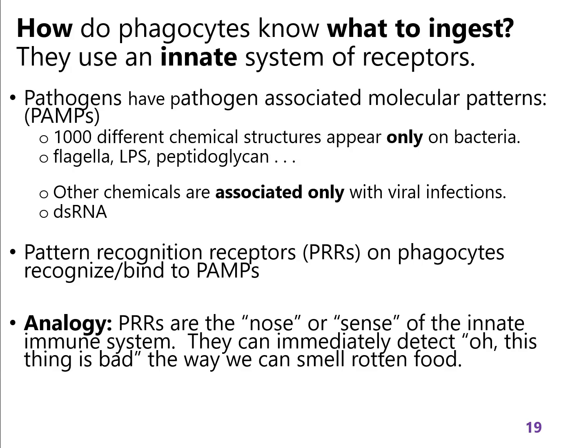Those things can tell us if something's bad. We can detect rotting food. We can detect a corpse and know that that is terrible and we should avoid it. Or we can detect something good and know it's food using those receptors in our noses. And that's what pattern recognition receptors do for phagocytic cells and other parts of the innate immune system.